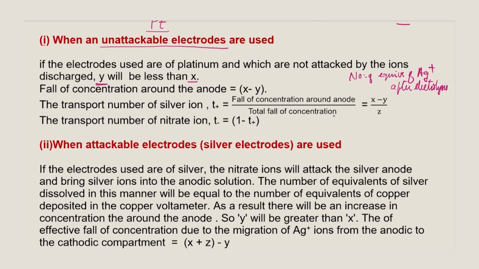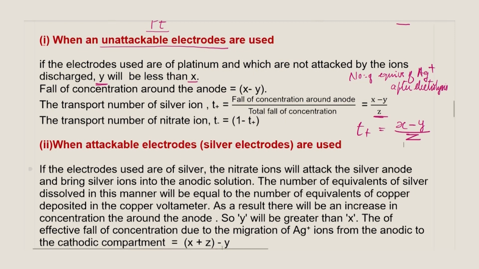The total fall in concentration will be equal to the number of equivalents deposited on the copper coulometer, Z. Therefore, T plus in this case can be written as X minus Y divided by Z. Then the transport number of nitrate can be taken as 1 minus T plus.